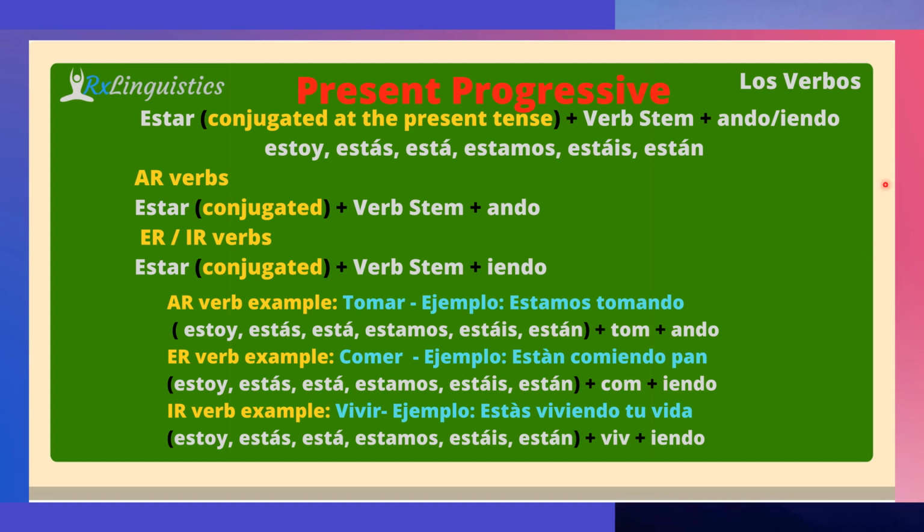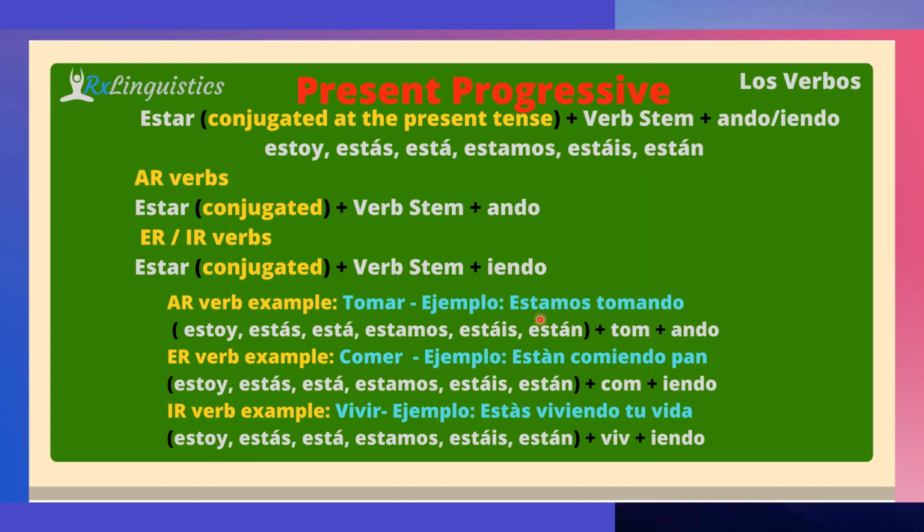We have estoy, which is the verb estar in the first person singular. But you have all six forms here: estoy, estás, está, estamos, estáis, están. If this verb is tomar, it's an AR verb. It's the first conjugation verb. What do we do here? We have our estar, and then we add the present participle.